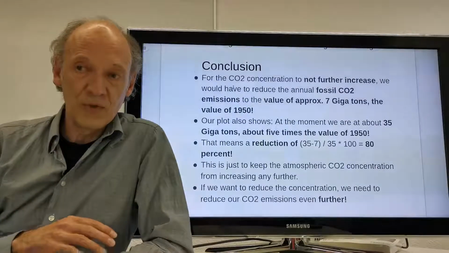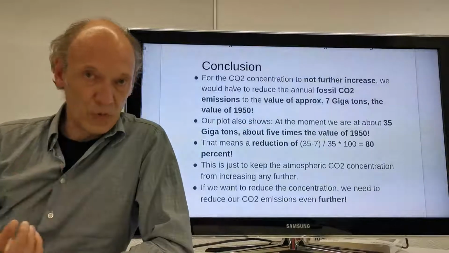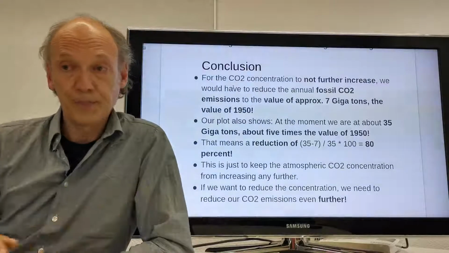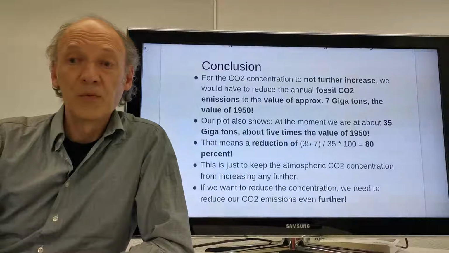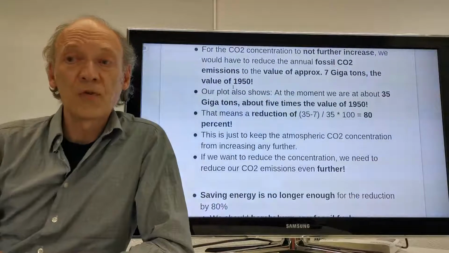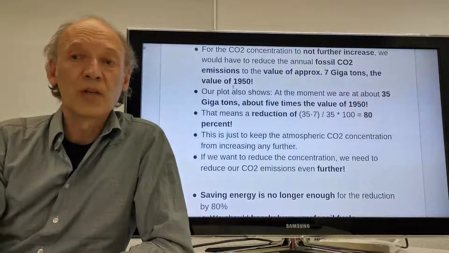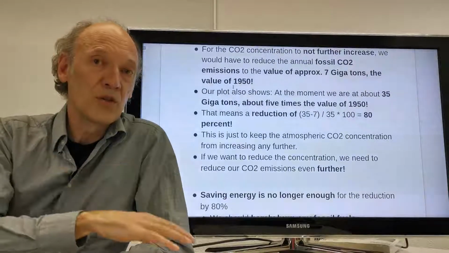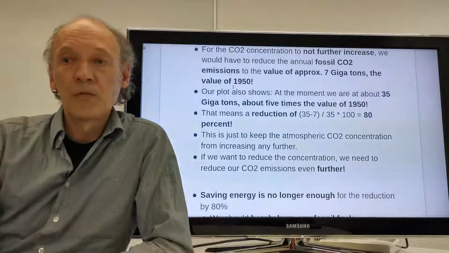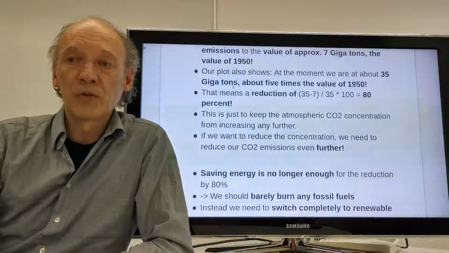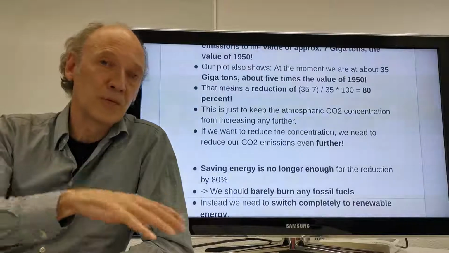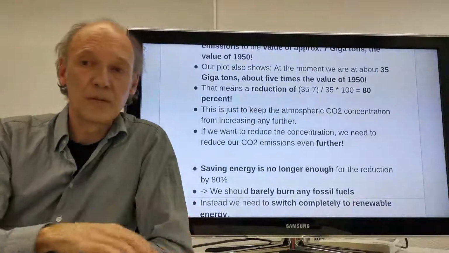And that means we need a reduction of 80% just to get back to the 1950 value. And this would be just sufficient to keep the atmospheric CO2 concentration from increasing any further. So it's not even enough to reduce the level. If you want to reduce the concentration, we need to reduce our CO2 emissions even further, more than 80%.